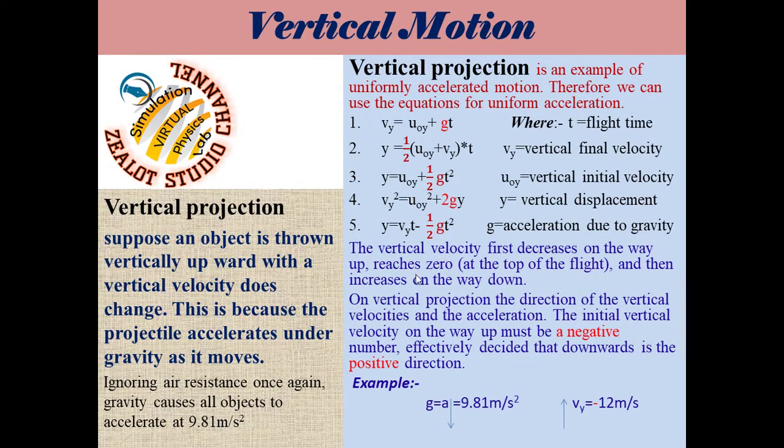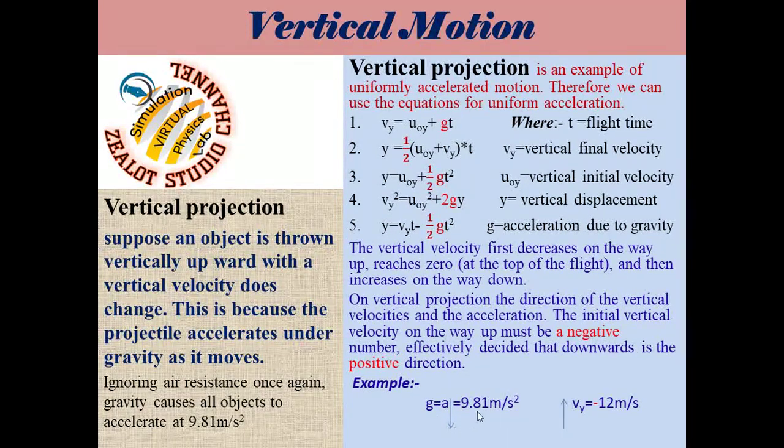The final vertical velocity there is 0, and then it increases on the way down with gravity. So on a vertical projection, the directions of the vertical velocity and acceleration can be seen here. The initial velocity on the way up must be negative, because the direction is up.